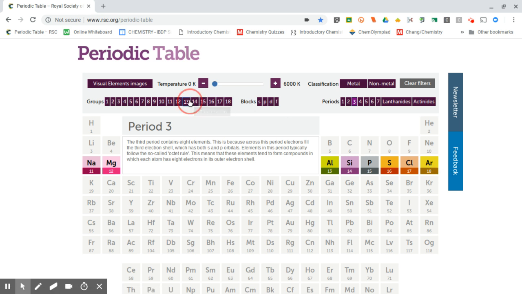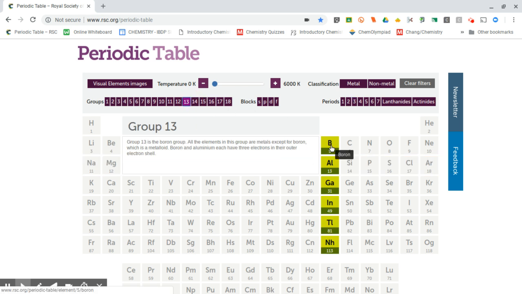So we are in group 13 now, which is boron, aluminum, gallium, indium, thallium, neodymium. Those are the elements that are transitioning from typical metal to non-metal. So some of them will have metalloid properties, and that's another feature that we need to look out for.